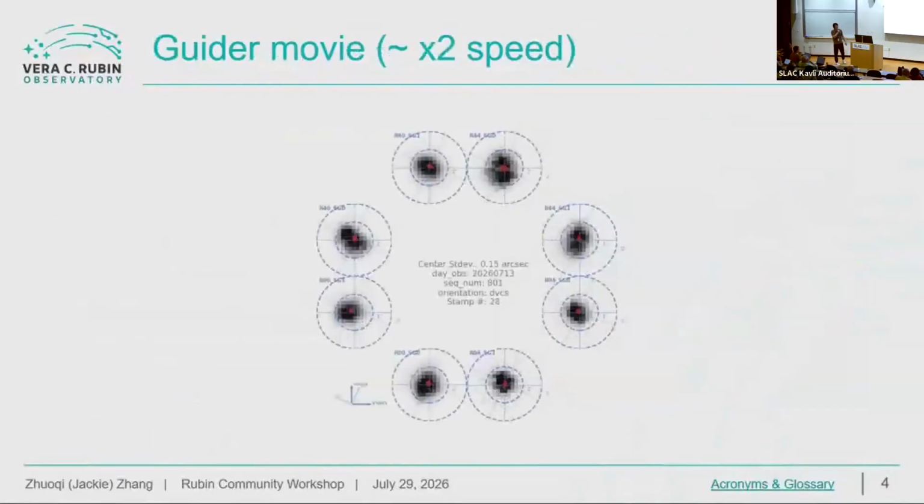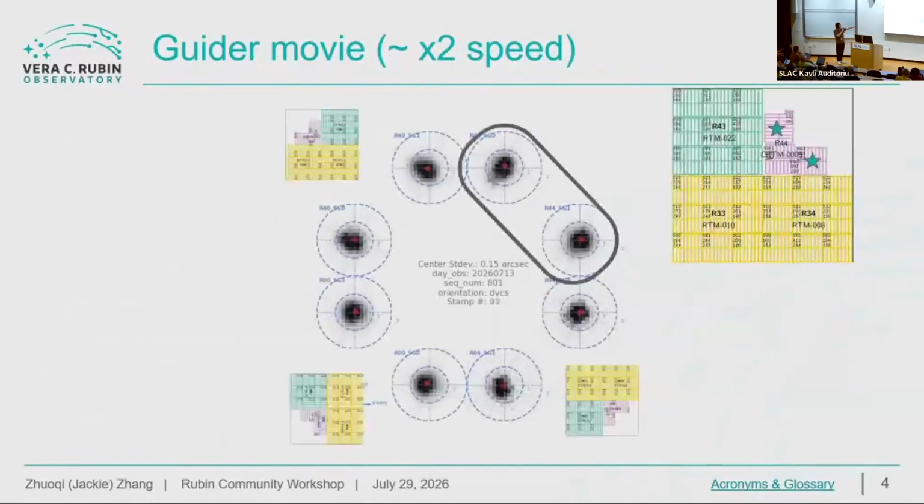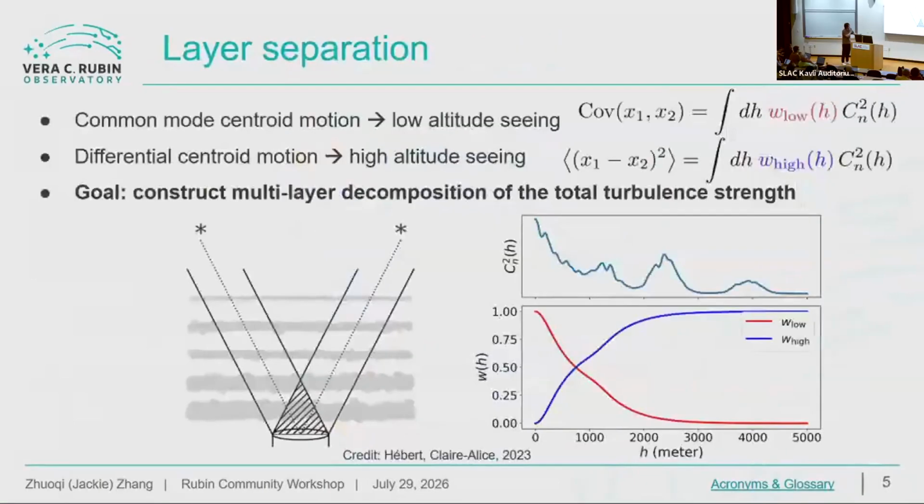But in reality, for LSST cam we have 8 guider stars located at the 4 corners of the focal plane. It turns out that if we look at the correlation between these guider star motions, there's also information about atmospheric seeing. Consider a pair of stars.